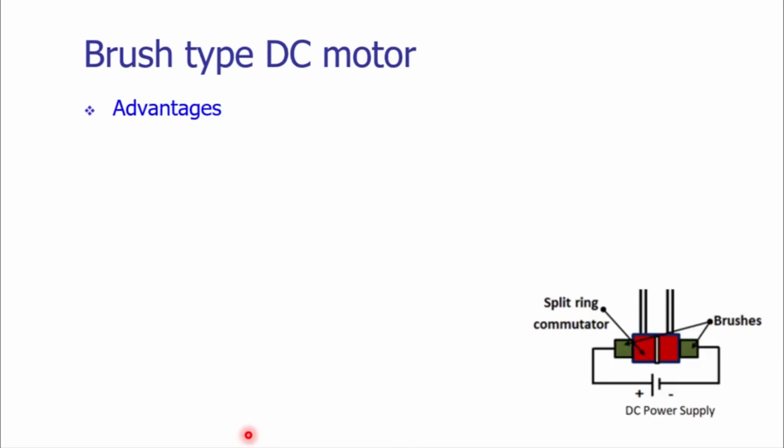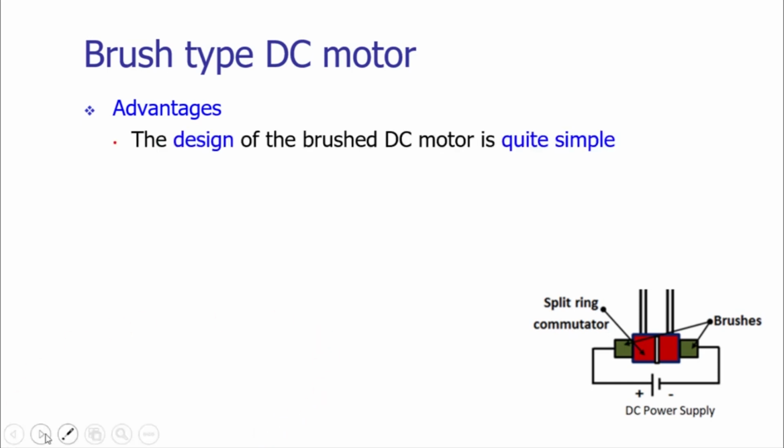Now let us study what are the various advantages that brush type DC motors are offering to us. The design and the construction of the brush type DC motor is quite simple. As we have seen, we need an electromagnet and a current carrying coil, that is the armature.